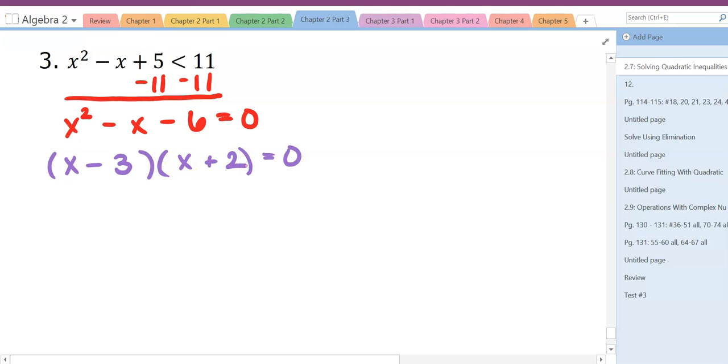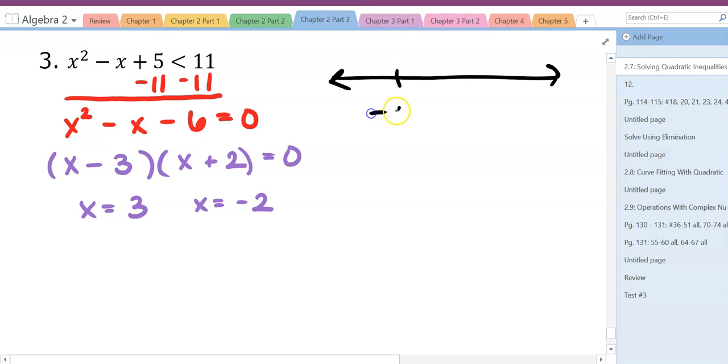That way when you multiply those, you get your negative 6, but when you add, you get a negative 1. So the two solutions would be 3 and negative 2. So we put those on our number line up here. Negative 2 is going to be on the left side. 3 is going to be on the right side. Are you guys going to have open or closed circles? Good. Open, because there's no equal sign with this inequality.